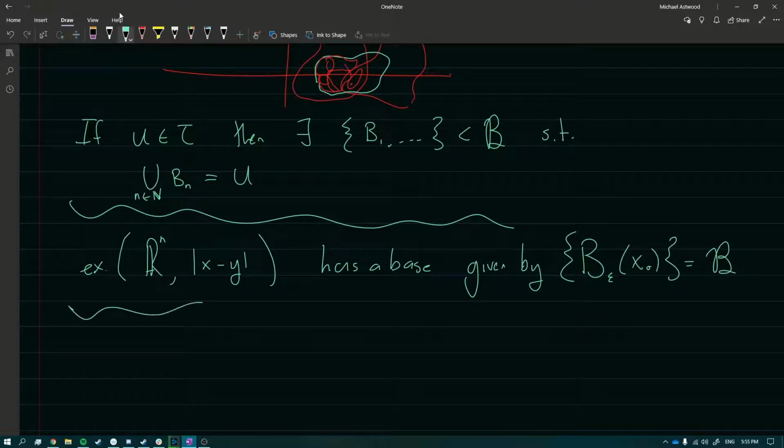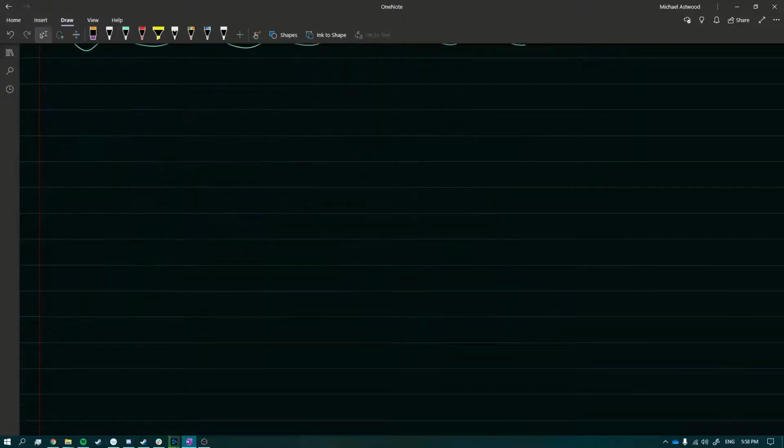Great, so that covers bases, and next I'm going to cover separation. So let me define separation for you. So let x and y be elements of some topological space.